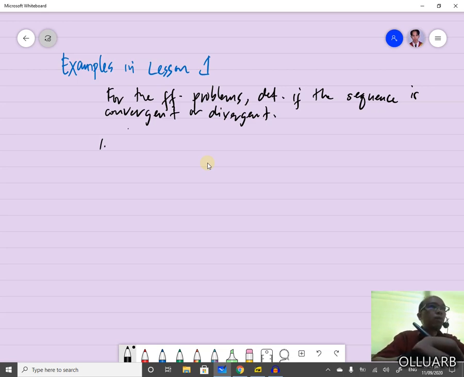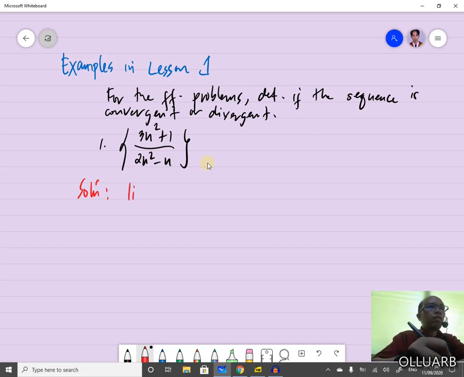For problem number 1, we have 3n squared plus 1 over 2n squared minus n. So let's have a solution. First we will evaluate the limit. Copy the problem first as n approaches infinity.